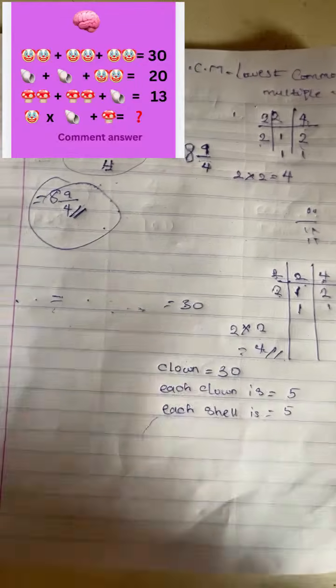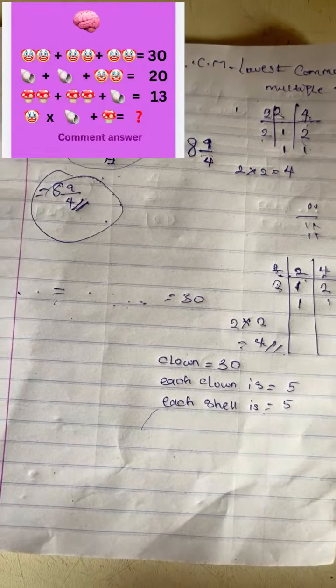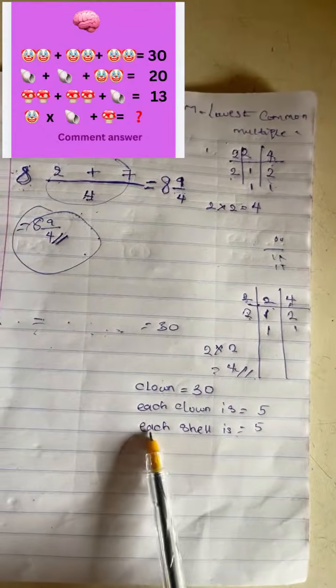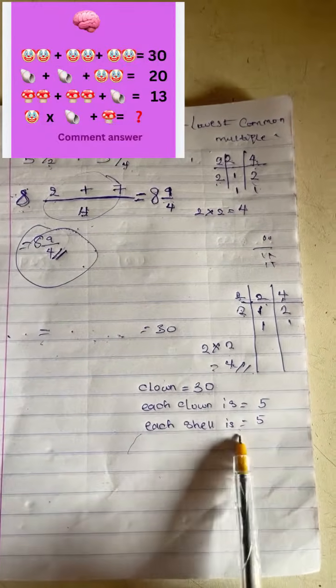Since one shell is 5, each shell is 5, right?